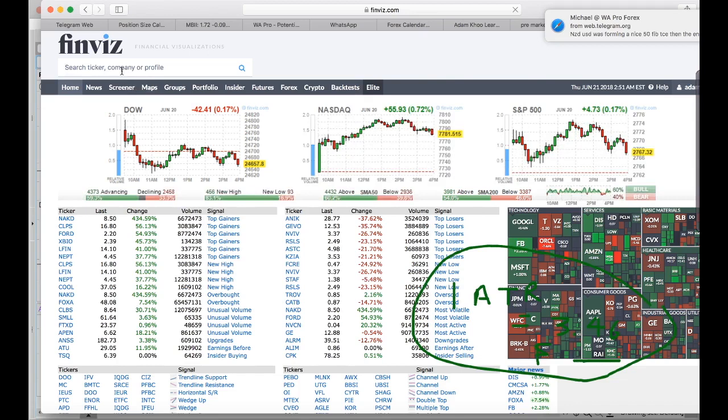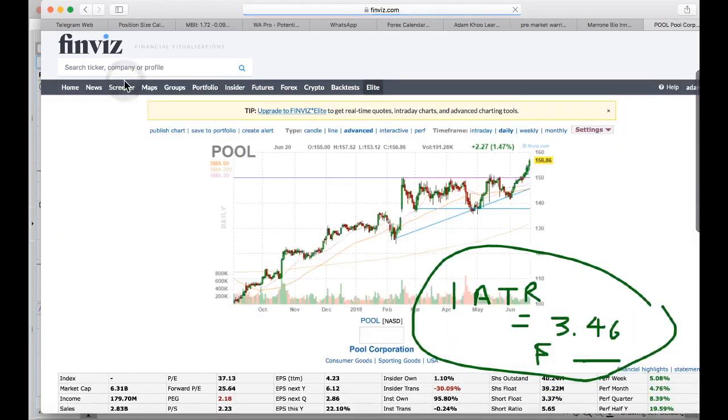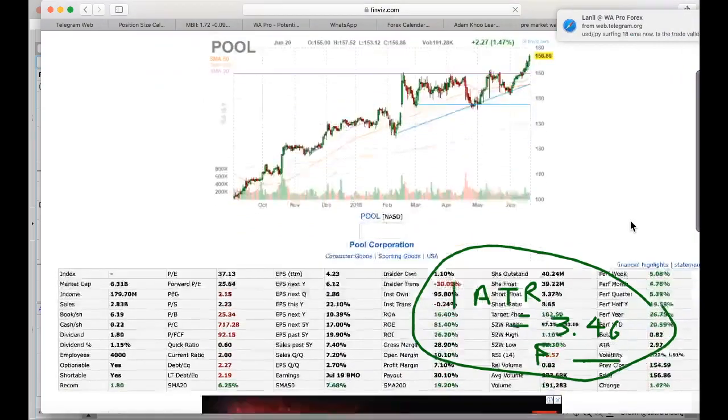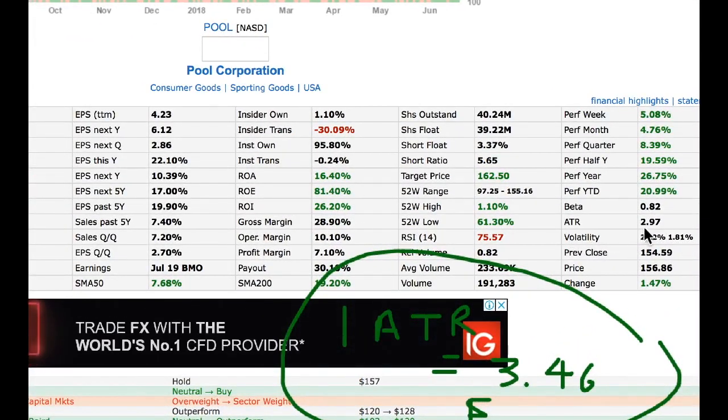And if you click on any stock like POOL, you can see that they will also give you the ATR over here, 2.97.